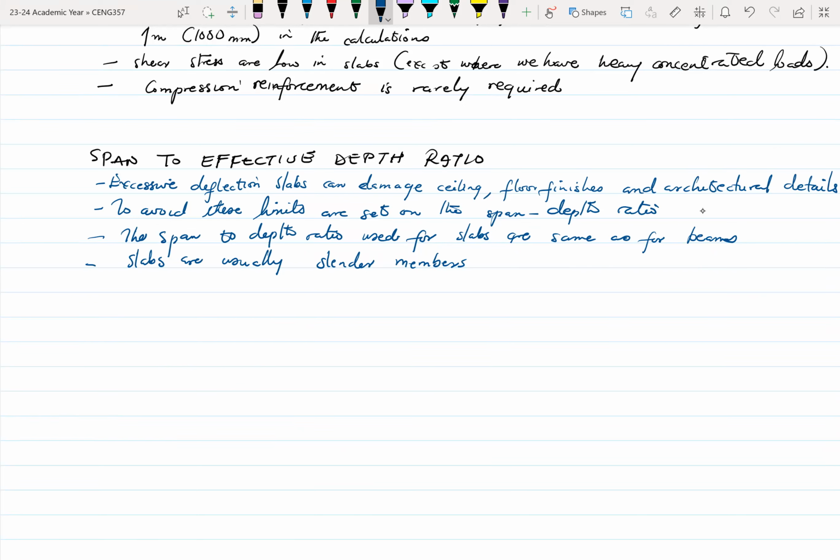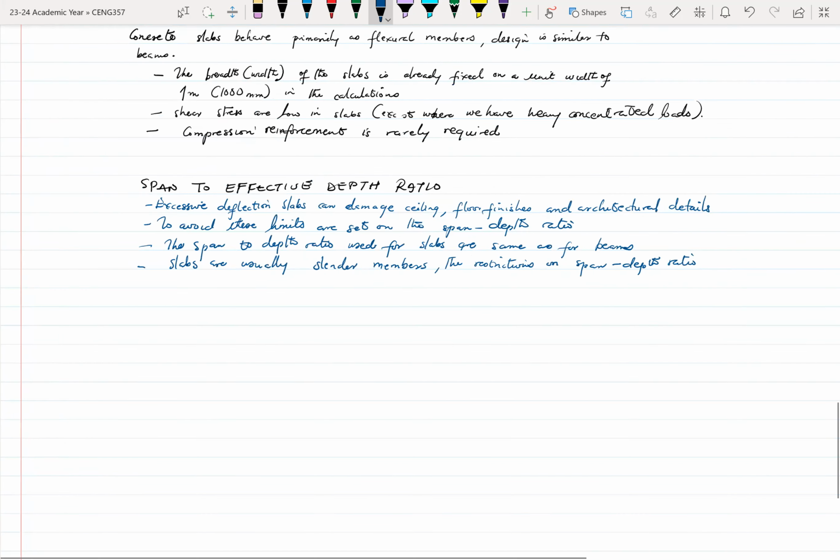So typically slender members, and that means that the limits we place on the span to depth ratio are very important.